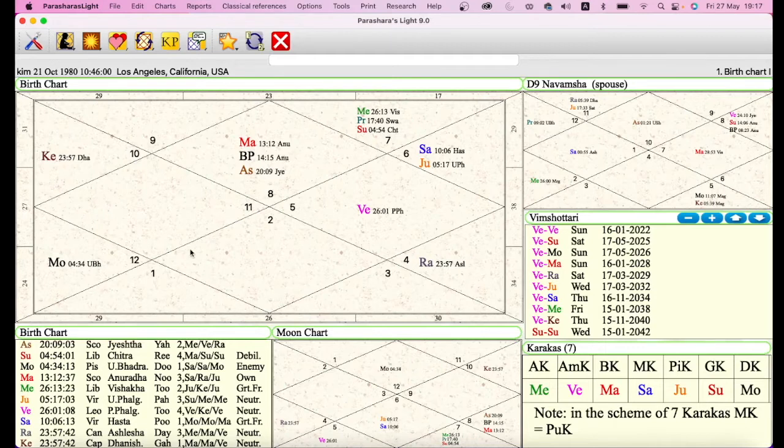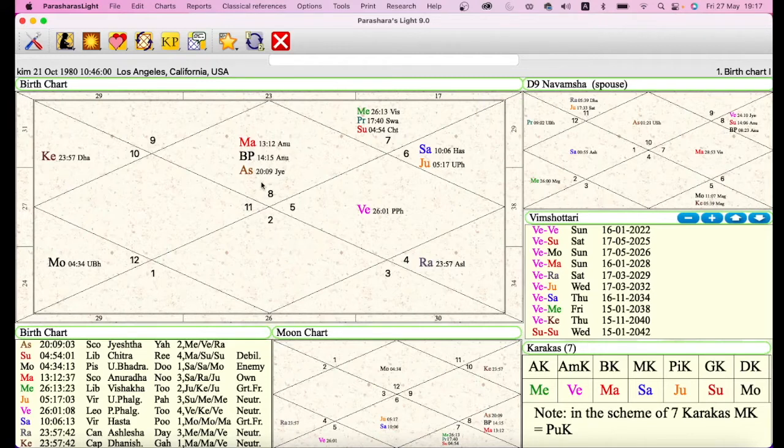The first thing is that BHRIGU BINDU point is the midpoint between Rahu and Moon. The first thing, of course, you have to know how to read the Vedic chart. I mean, this is the first house. You should know how the Vedic chart looks like.